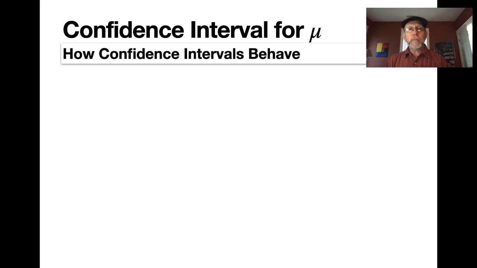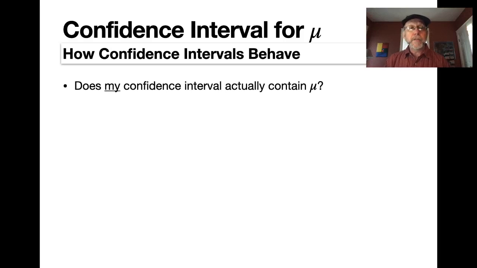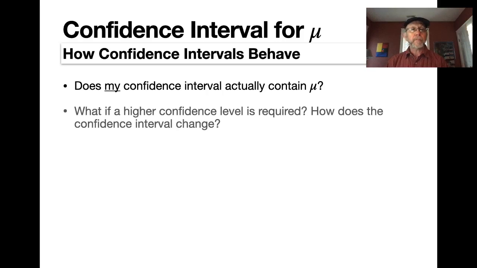So with that quick summary of what we know up to now, let's begin considering how confidence intervals behave. Maybe the first question that comes to mind is, does my confidence interval actually contain mu? Another question, what if a higher confidence level is required?